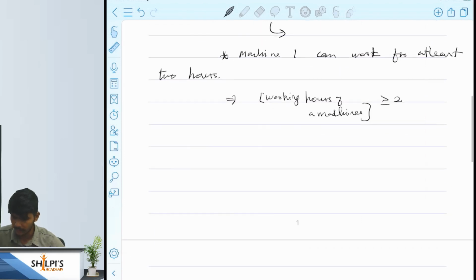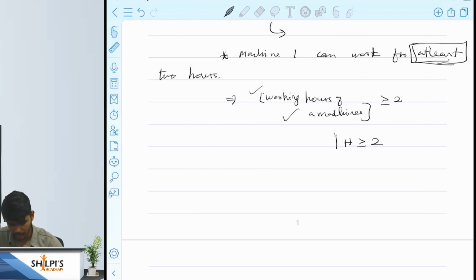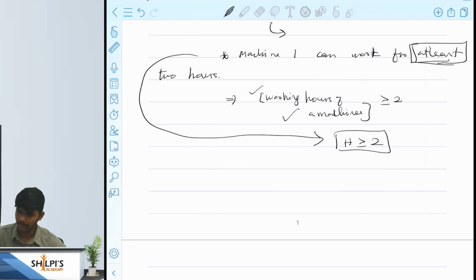Greater than or equal to. I will give some keywords and respective inequalities later, but for now, for this statement, I will write the algebraic structure like this. If I take the working hours of a machine as h, I can write h greater than or equal to 2. This is how I will develop inequalities from a descriptive problem.